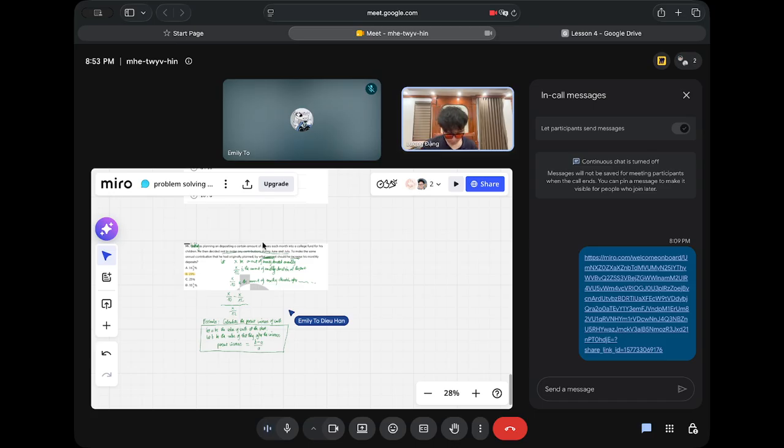Now let's calculate it. We have x over 10, which is 1 over 10 x, over 1 over 12 x. We cancel out the x in the denominator and numerator.